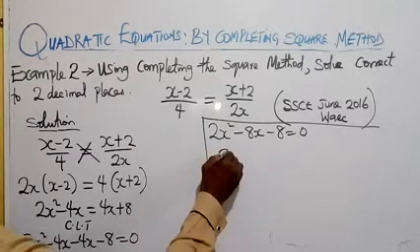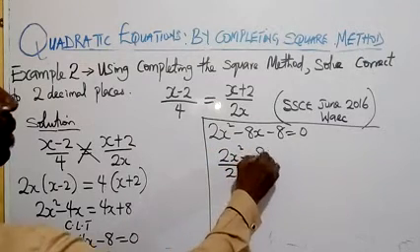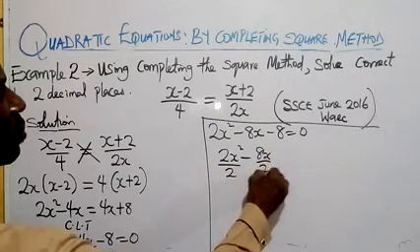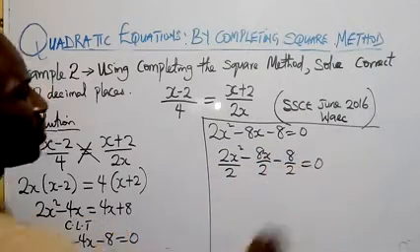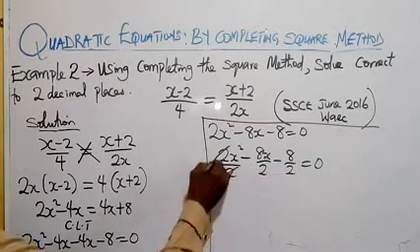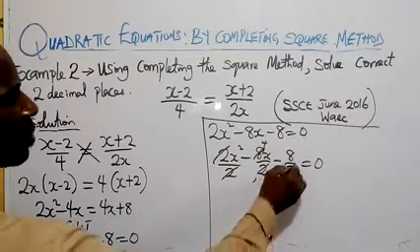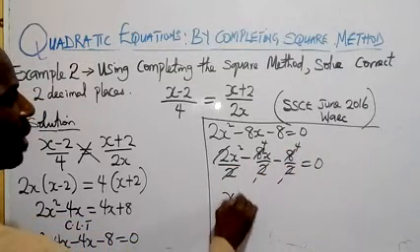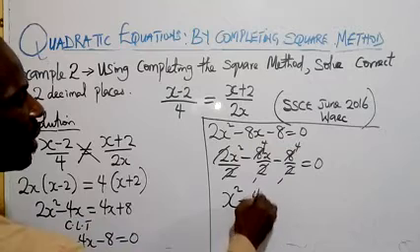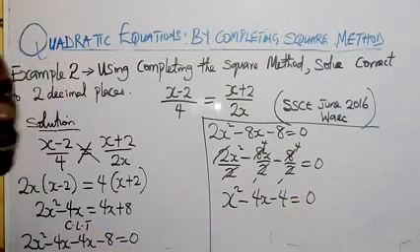We can say 2x squared divided by 2, minus 8x divided by 2, minus 8 divided by 2 equals 0. 2 cancels 2, 2 here 1, 2 here is 4, 2 here 1, 2 here is 4. Therefore, we have x squared minus 4x minus 4 equals 0.